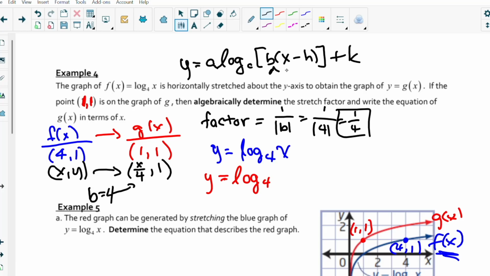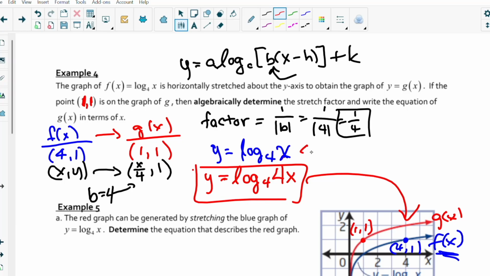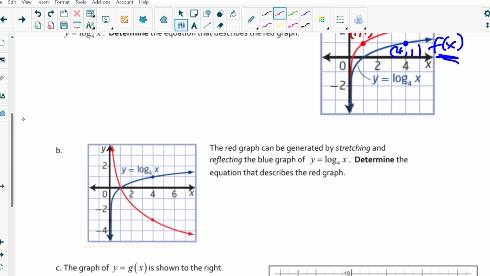The only thing that we're changing here is the b value. So when I write this, instead of x, I'm going to replace it with 4x. And this is the final equation. You can graph these two, and check these particular test points, and you can even check this test point as well. Okay, check that one.